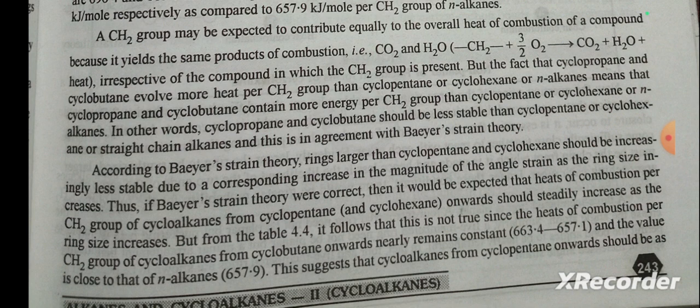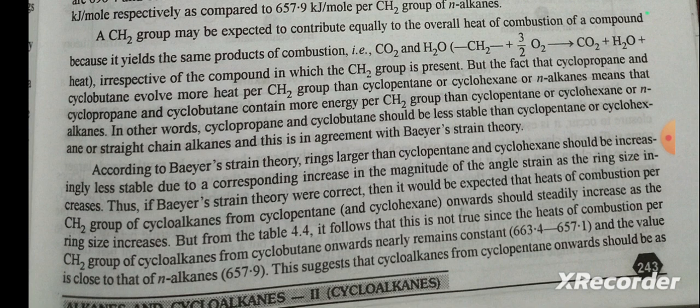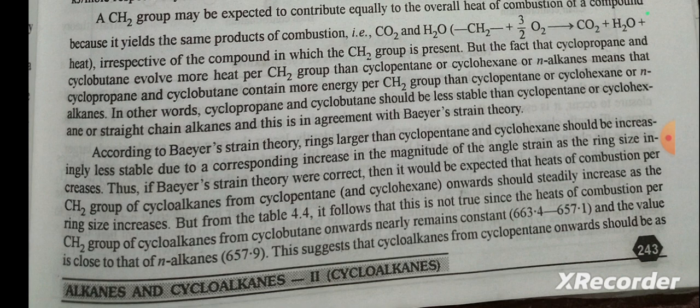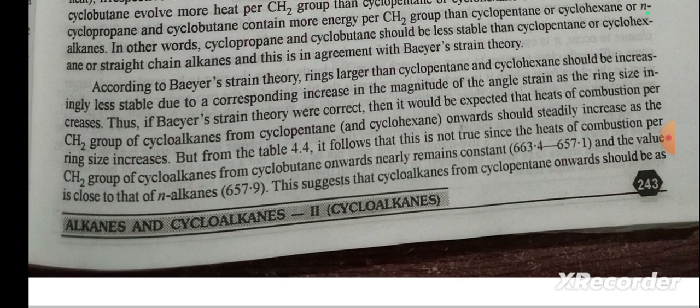According to Baeyer's strain theory, rings larger than cyclopentane and cyclohexane should be increasingly less stable due to the corresponding increase in the magnitude of the angle strain as the ring size increases.